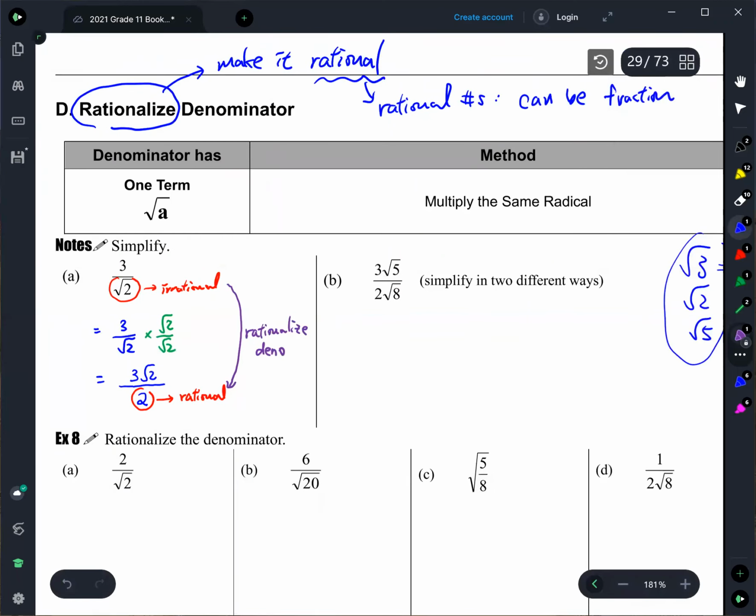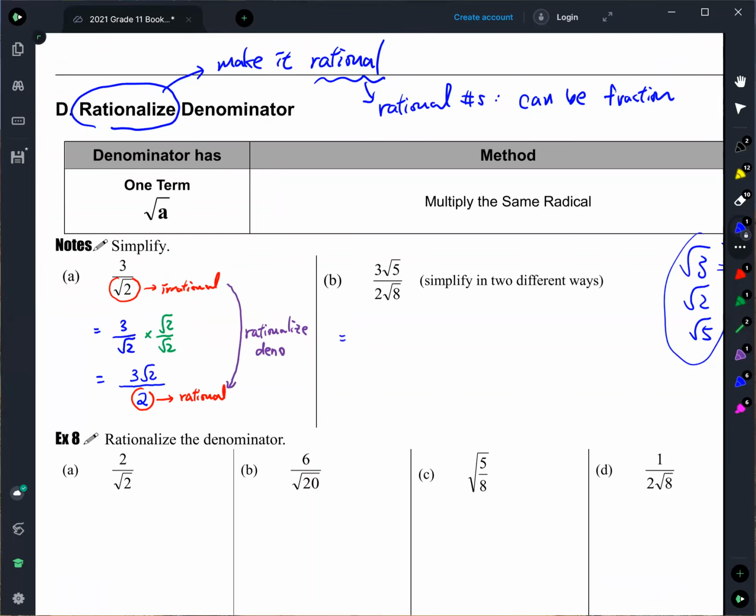And then let's look at another one. Okay, so for this question, we can do it in 2 different ways. The first way we're going to do is the same way we just did. So what's the number that's irrational here that we want to rationalize?